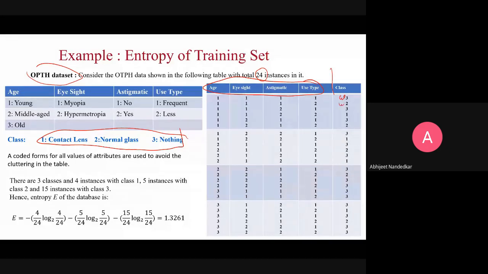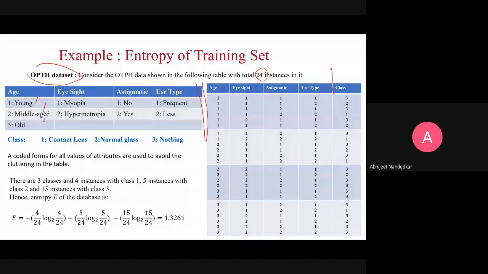I could have written them like this, but for simplicity I'm just writing numbers. For age, there are 3 values available: young, middle age, old, and they are encoded with numbers. So this table is encoded with some numbers and the meanings are given here.